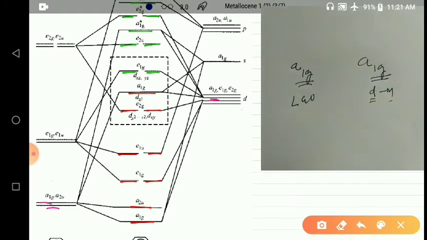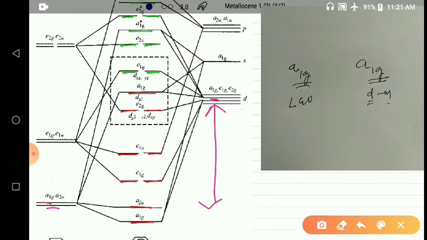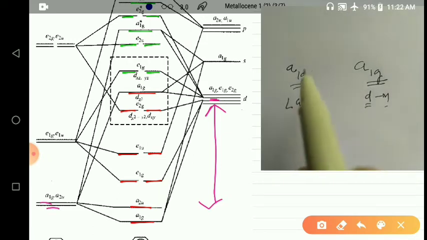But if you see the difference of energy between these two symmetry elements, it is considerably high, a very significant energy difference. So they will not overlap properly, though they have the same symmetry.